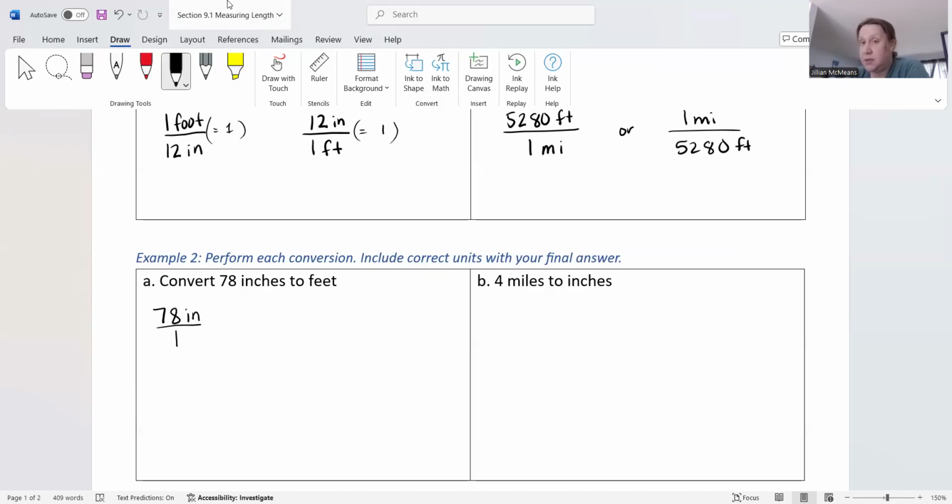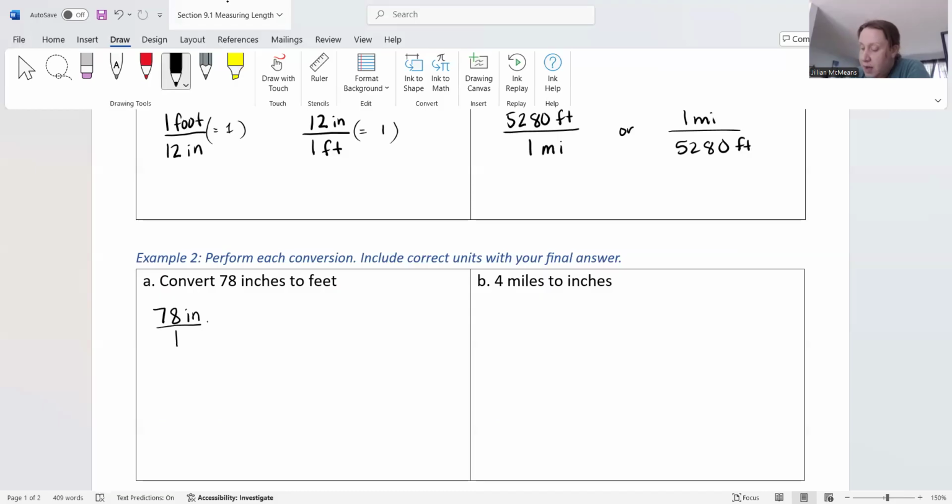Now, dimensional analysis by definition tells us that we're going to multiply by one or more unit fractions. So a fraction where the top and the bottom represent the same amount, they're just different units of measure. So since I'm converting inches to feet, I need to make sure my unit fraction talks about inches and feet. But I want to get rid of inches and convert to feet.